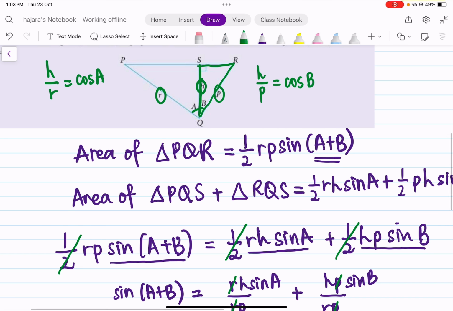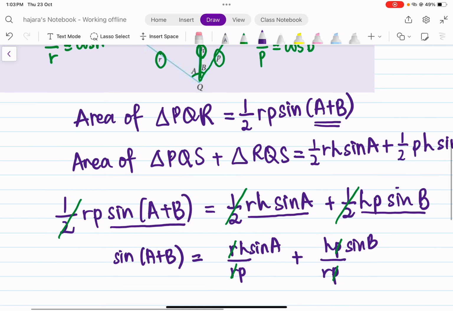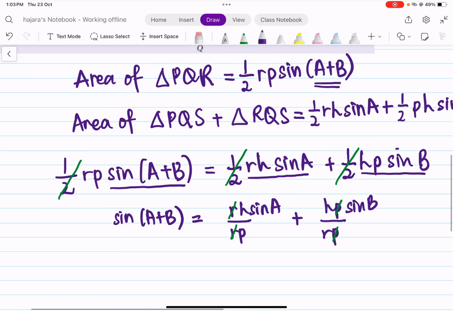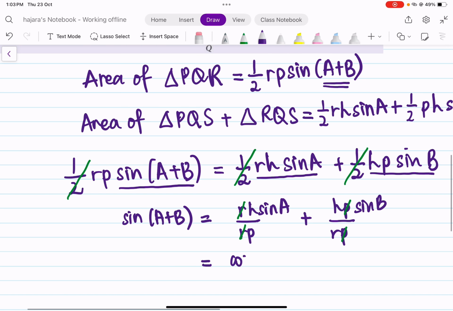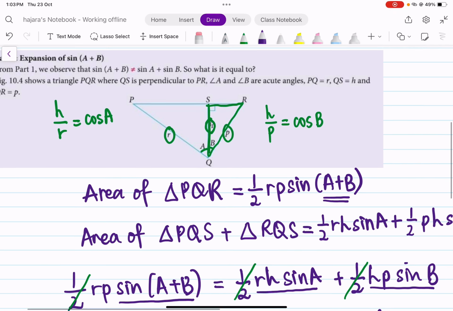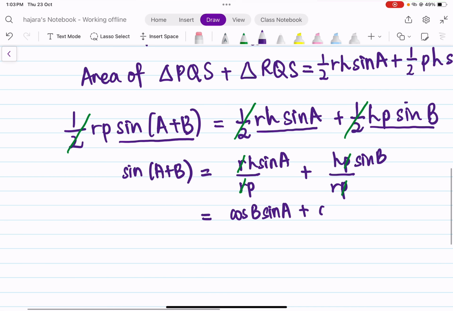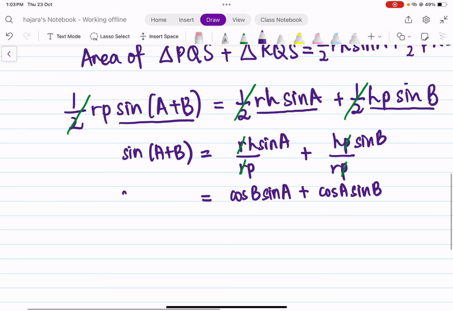Now I'm going to replace h over p and h over r in the equation that we have formed. So h over p was cosine B, and h over r was cosine A. And this is the compound angle formula. So basically, what does the compound angle formula do?